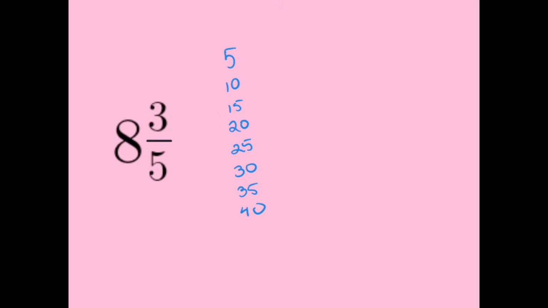Double check that you skip counted 8 times. 1, 2, 3, 4, 5, 6, 7, 8. All right, now we have to add the 3. Okay, so that is 43. So 8 and 3/5 is equal to 43 of the fifths.